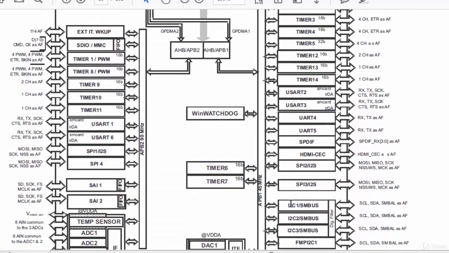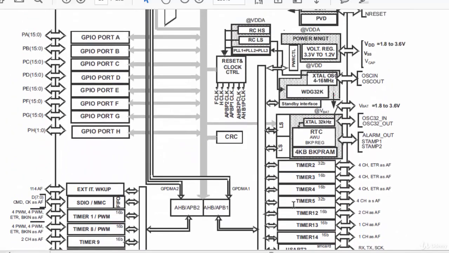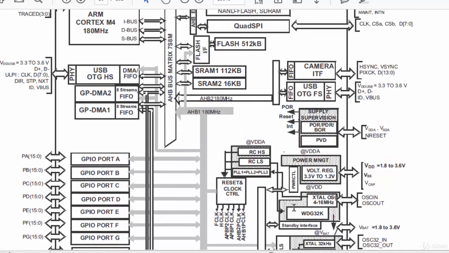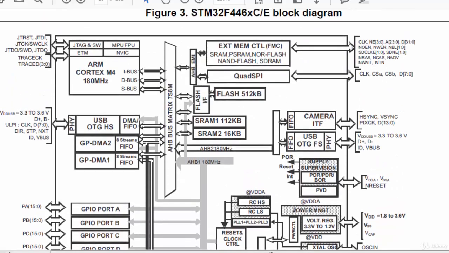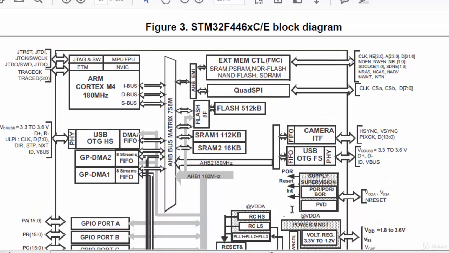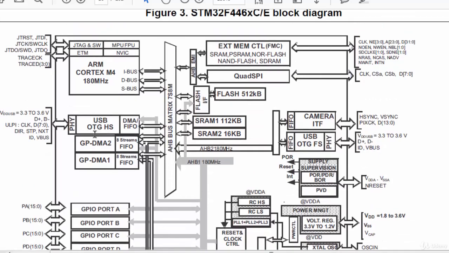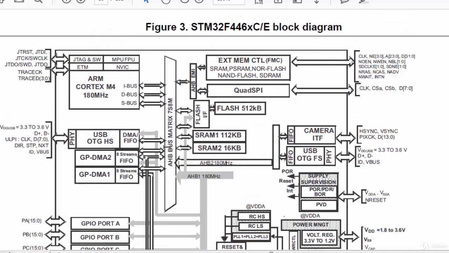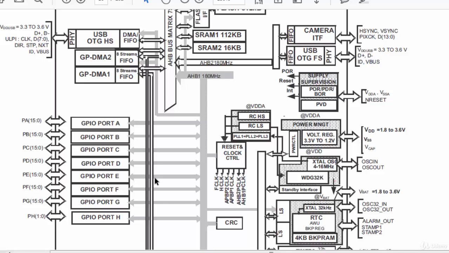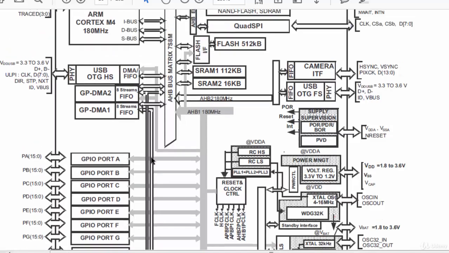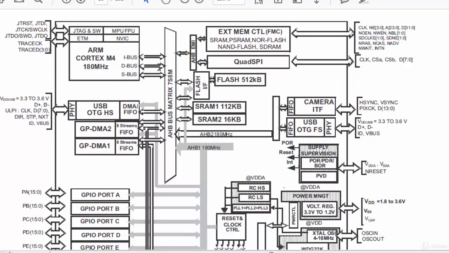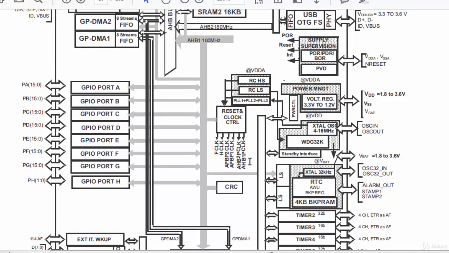All these things we will understand later in this course, so no need to worry about that now. Our goal is just to understand the differences between the processor core, the processor, and the microcontroller. Remember that in this block diagram, the ARM Cortex-M4 acts like a master, and all the other peripherals are slaves to the master, that is, to the CPU. They communicate through the various bus interfaces which you are seeing here.